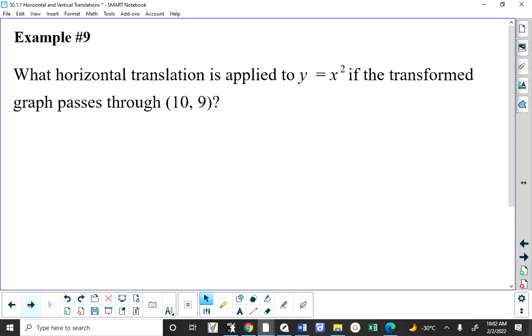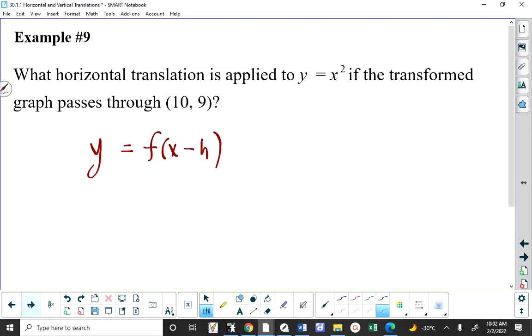Same type of question with number 9. We're dealing now with a horizontal translation. So as soon as you see a horizontal translation, you're going from y equals f of x to y equals f of x minus h. This is the new function. The original function is f of x equals x squared.